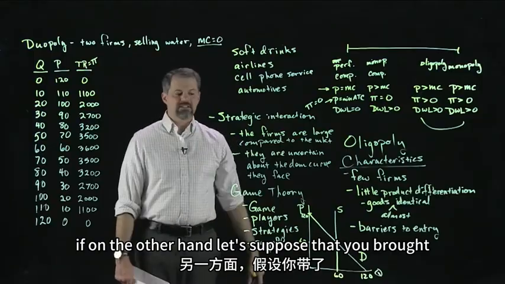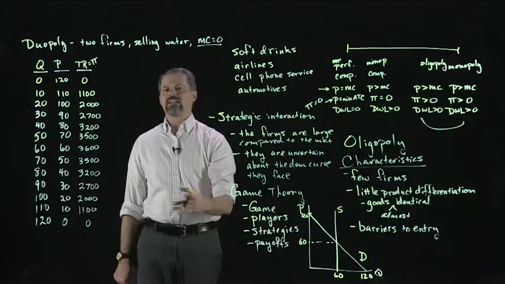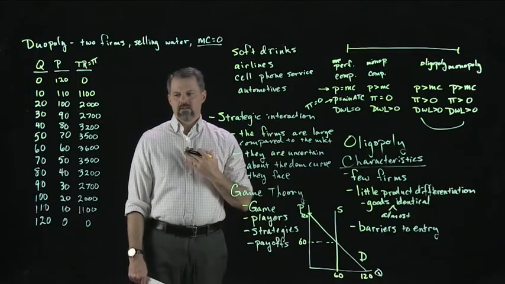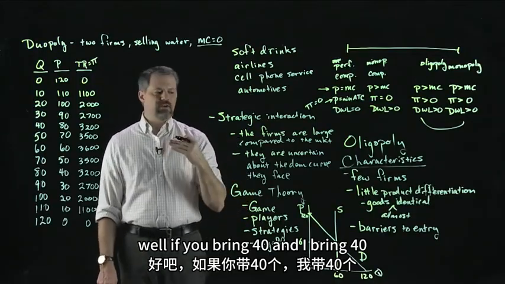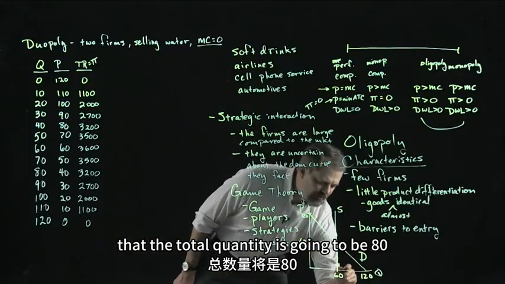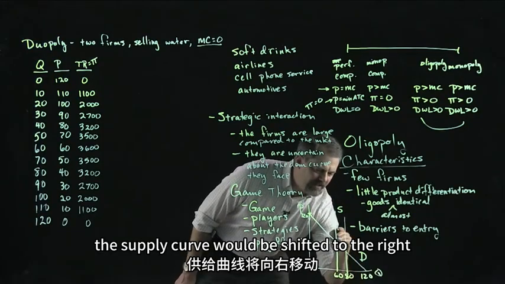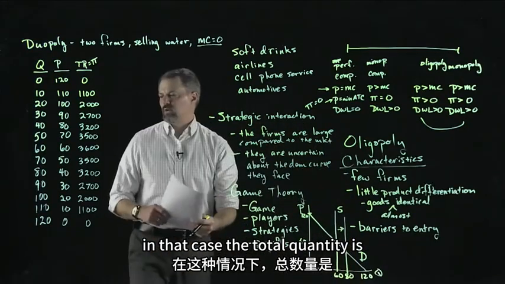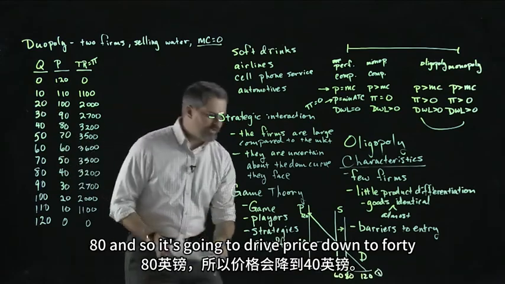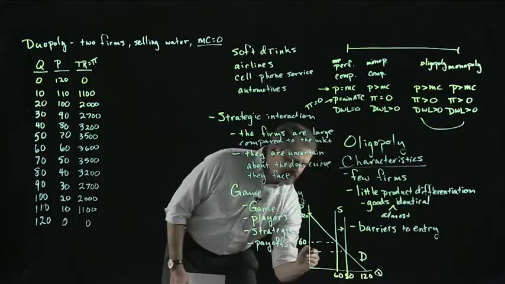If, on the other hand, let's suppose that you brought 40 and I brought 40. Well, if you bring 40 and I bring 40, the total quantity is going to be 80. The supply curve would be shifted to the right in that case. The total quantity is 80, and so it's going to drive price down to 40.